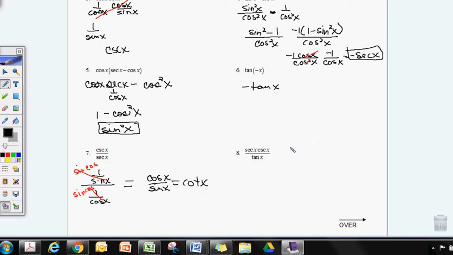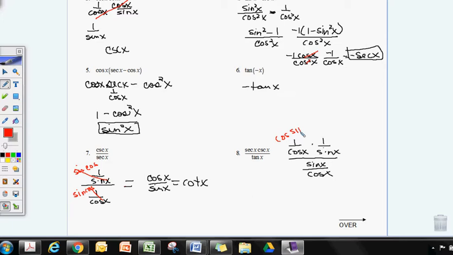Last one, 1 over cosine x times 1 over sine of x all over sine of x over cosine x. Everything's going to get multiplied by the cosine and the sine.